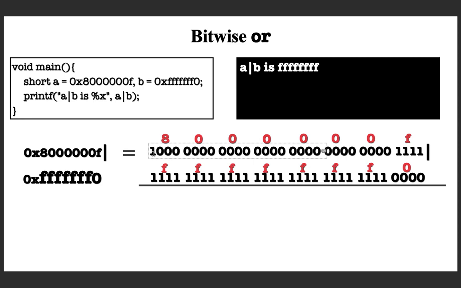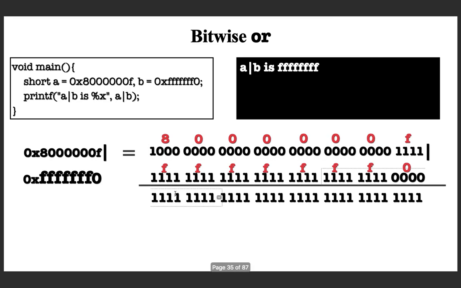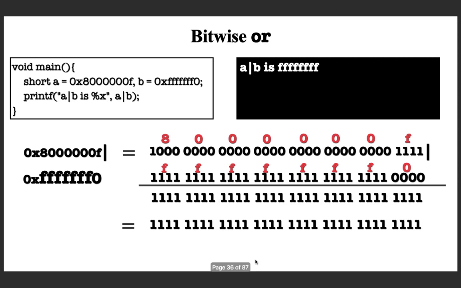OR means perform the OR operator at the level of bits. This is 1 or 1 is 1, and you will get 0 only if both the bits are zeros, and we don't have a case like that. Everywhere at least one bit is 1. So this is the result, and if you look at the hexadecimal value, all these are F, and hence we are getting that value printed out.